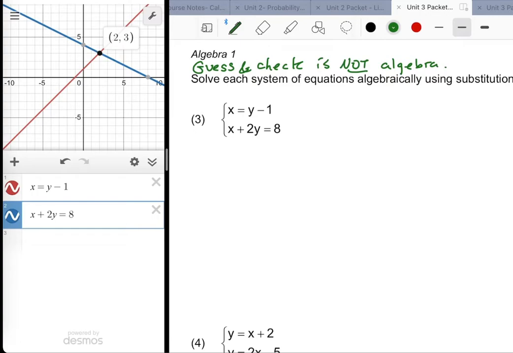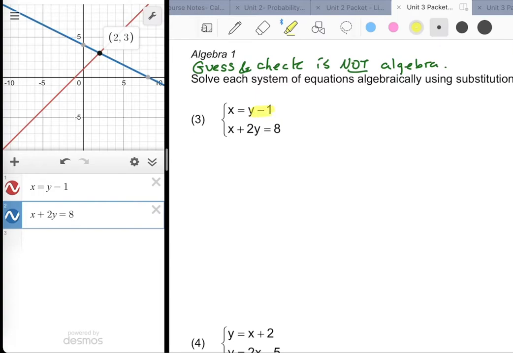All right. So in this case, we're going to look for a way to eliminate a variable in one equation using the other equation. The first thing I notice is in the first equation, x is equal to y minus 1.